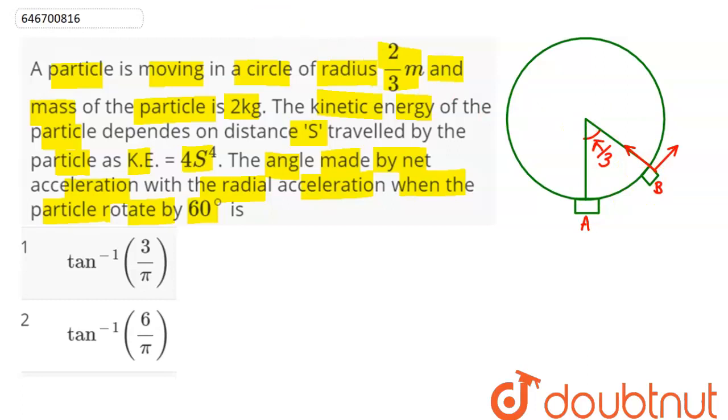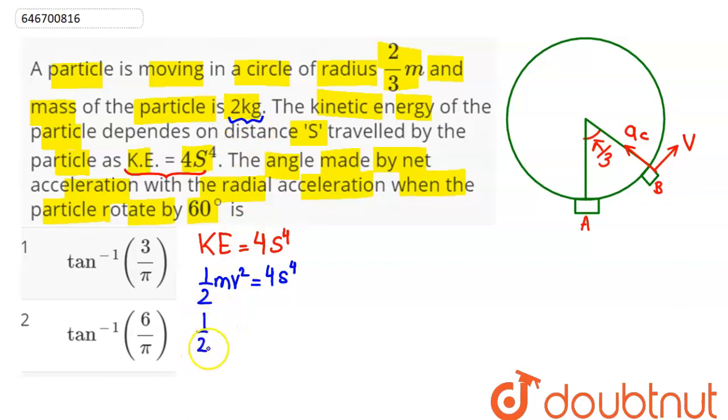So this is the centripetal acceleration, and this is the tangential velocity, where kinetic energy is given as 4 into s to the power 4. Kinetic energy can be expressed as half m v square is equal to 4s to the power 4, where m is 2 kg.